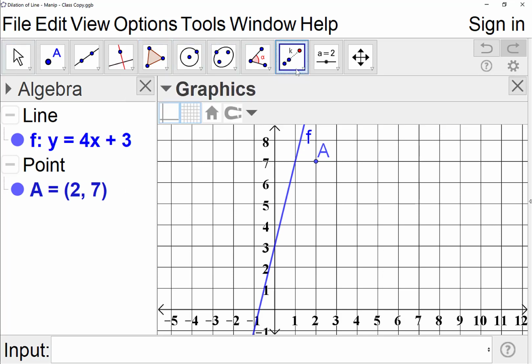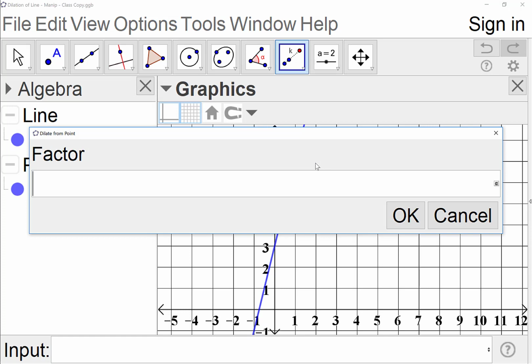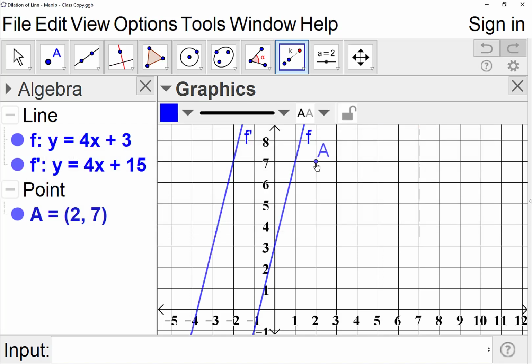If I dilate this line about that point by a scale factor, how much? 4. Look at the new line. That new line is over here. Take a look. If my center of dilation is here, this line's getting pushed away 4 times.